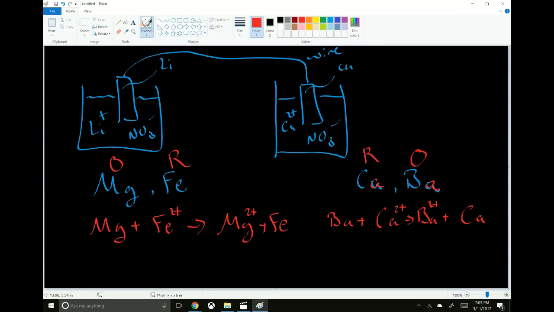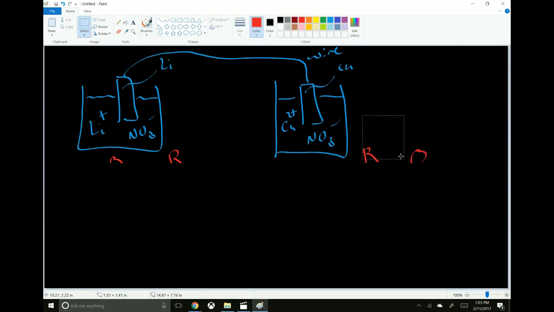It doesn't have to be two metals. It often is. But that is the setup that you see here. A metal and its ionic compound being reacted with another metal and its ionic compound.